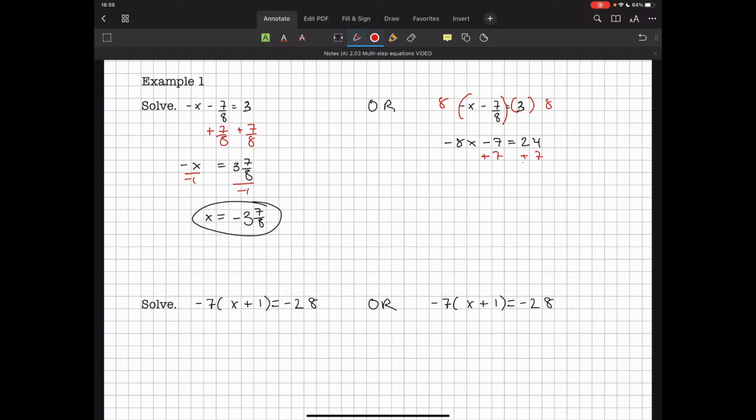Add 7 to both sides. We have negative 8x equals 31. And then divide by negative 8. That leaves us with x equals negative 31/8, which is also -3 and 7/8. So you can see there's more than one way we can jump into solving an equation.